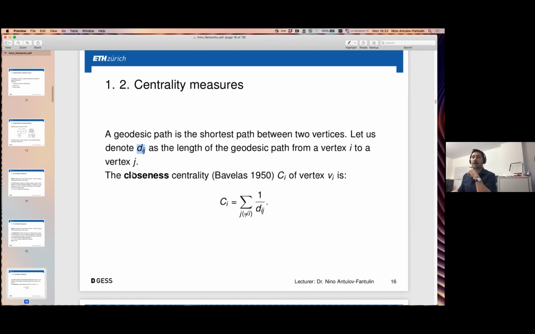Now the closeness centrality would be that for a certain node you sum the reciprocal of this shortest path distance to all other nodes, and this closeness centrality tells you how close all other nodes are to this node.